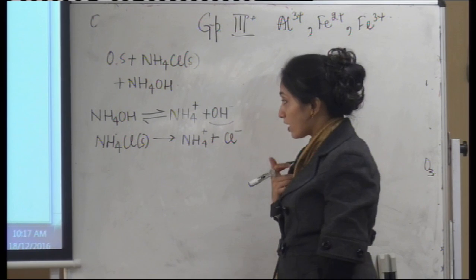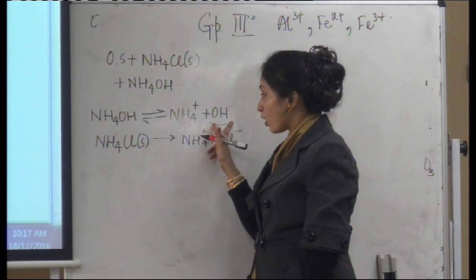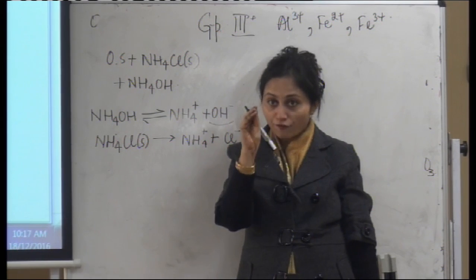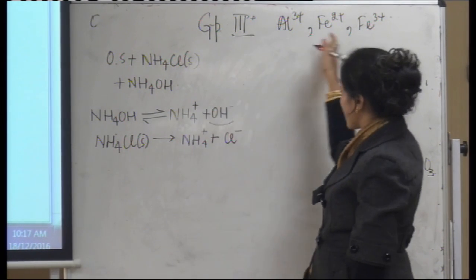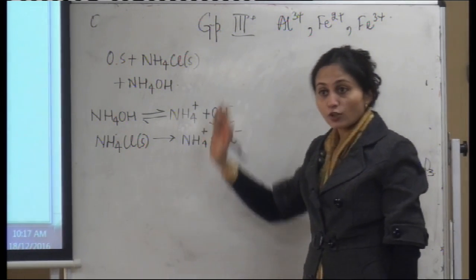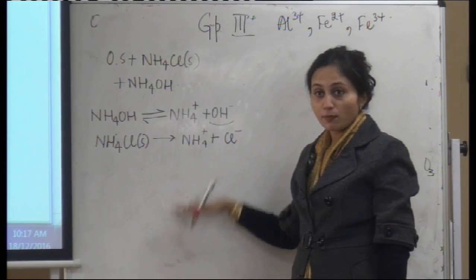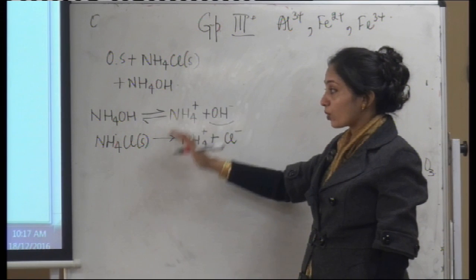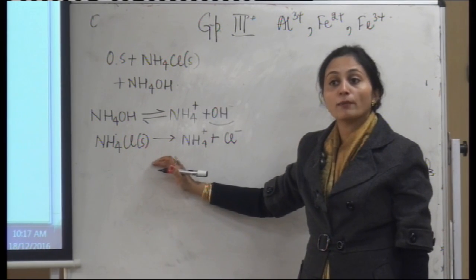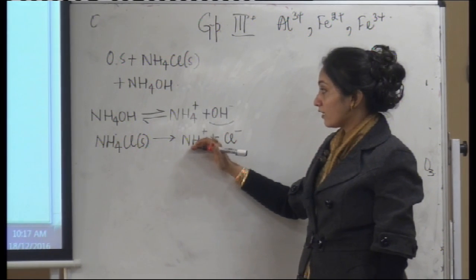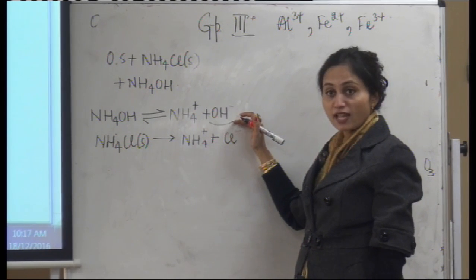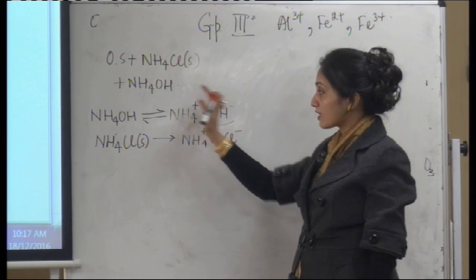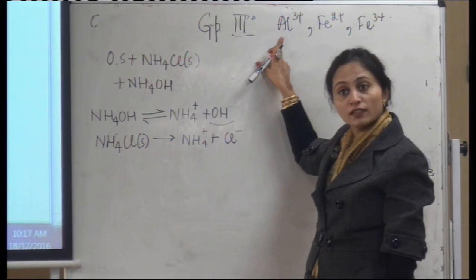So if I want that, I would want this OH minus ion concentration to be just sufficient for these three ions to be precipitated, ताकि group 4, 5, 6 वाले पहले precipitate ना हो. तो उसके लिए I use a controlling factor, that is I introduce a common ion. इस common ion की वजह से ज़्यादा OH minus ions नहीं produce होते, उतना sufficient amount is produced which is necessary to precipitate group 3.